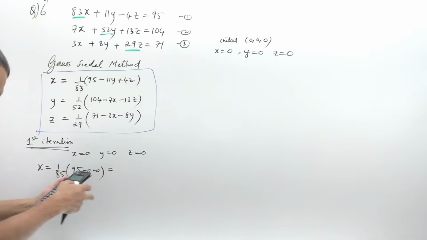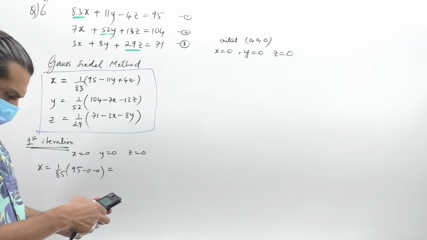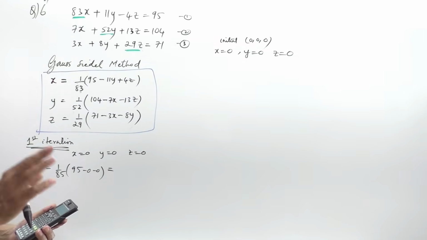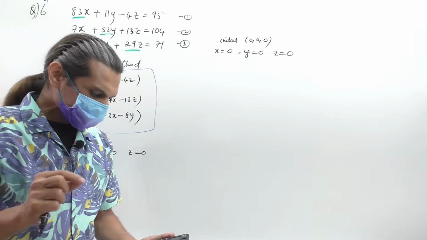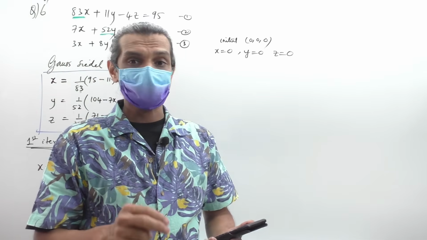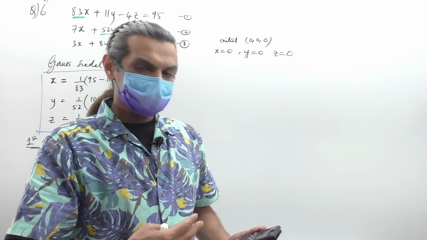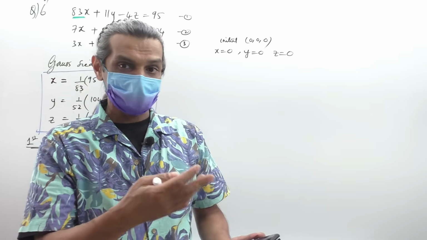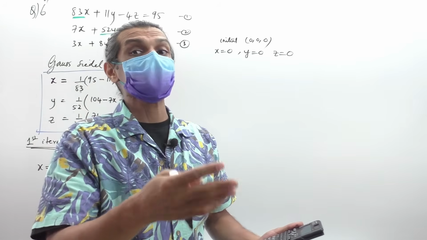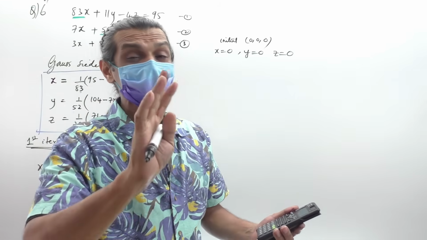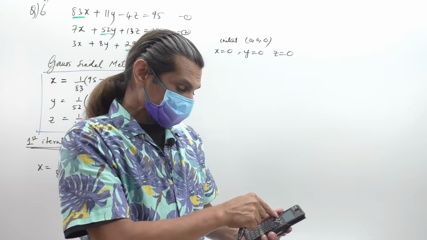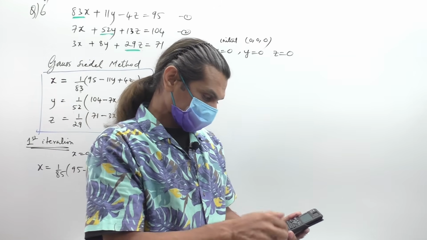Fine. Now let's clear the memory here. The best practice, always do when you are using a calculator, always after every problem clear the memory, because in these calculators the results will be stored in the register. So sometimes the results overlap and you may get wrong answers and you cannot take any risk here. So please clear the memories. Okay.